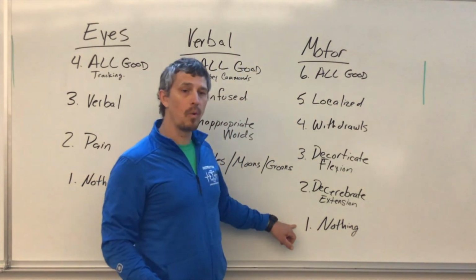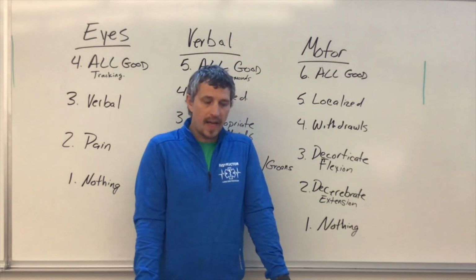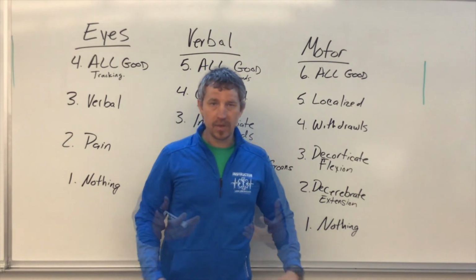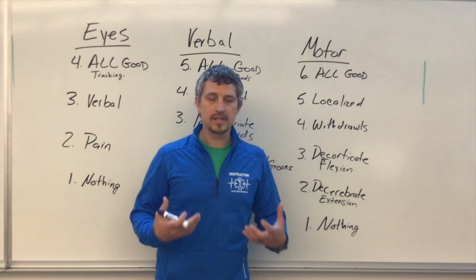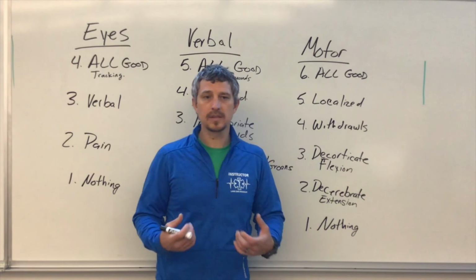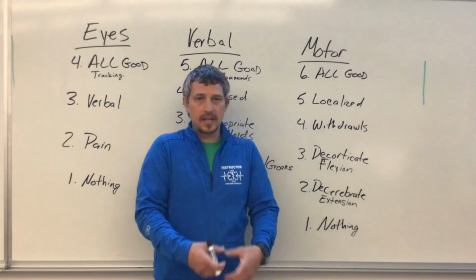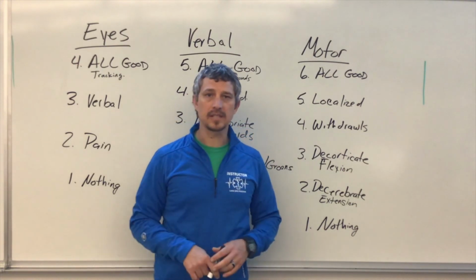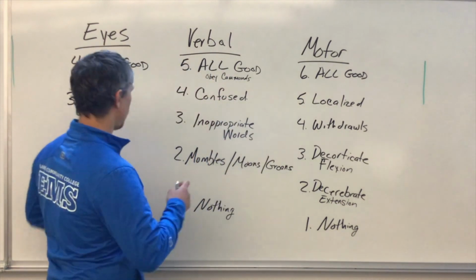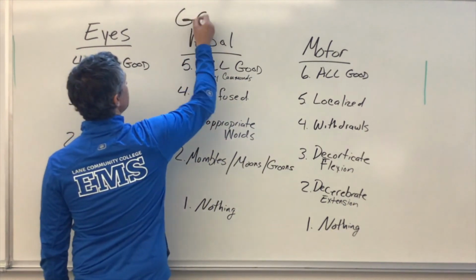And then 1, if we see our patient that's flat on the ground, they're not moving, there's nothing to them. They're unresponsive, they're not flexing, they're not extended, they're just flaccid. That's going to be our GCS.